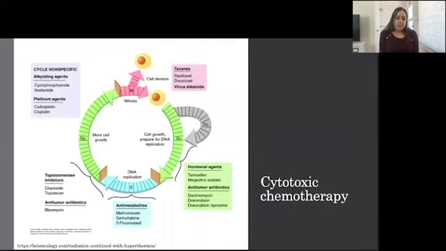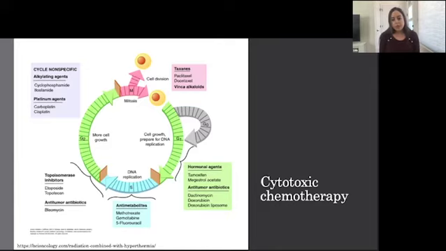So for traditional cytotoxic chemotherapy, still heavily utilized in practice, all of these different drugs have a common goal of destroying rapidly dividing cells in the body. Uncontrolled cell growth is the hallmark of cancer, and these agents do share a common side effect profile, although of course each are unique in their specific mechanism and specific toxicities, but they do share some common side effects such as myelosuppression.